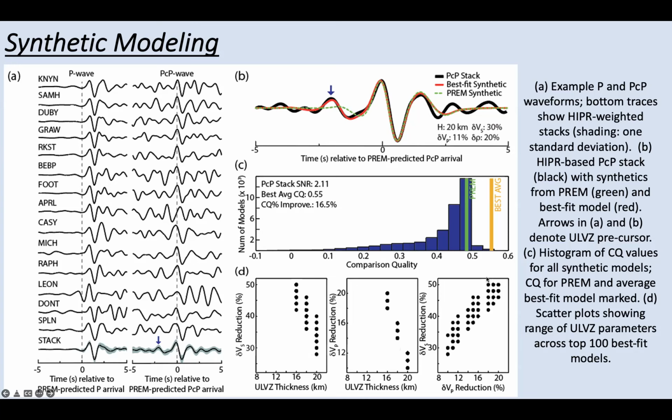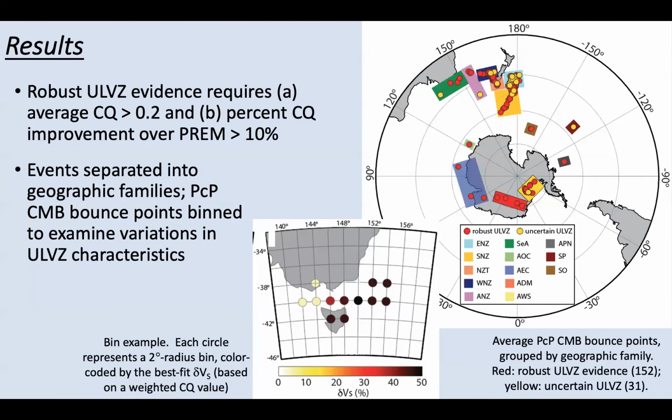So we went through this analysis for every single event that we decided to use for our ULVZ assessment. And so our results are summarized in the large map here on the right. Like some of the previous maps, each one of these dots corresponds to the average PCP reflection or bounce point on the core-mantle boundary.